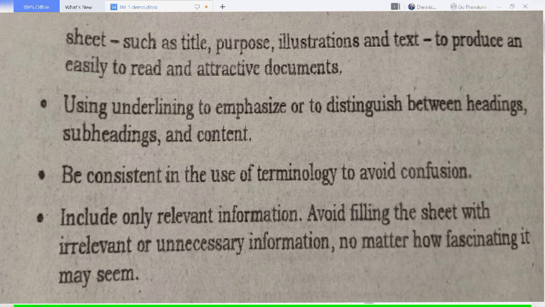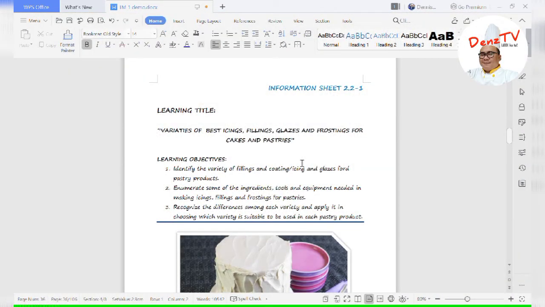And of course, be consistent in the use of terminology to avoid confusion. And of course, include only relevant information. Avoid filling the sheet with irrelevant or unnecessary information, no matter how fascinating it may seem. Okay, so those are the guidelines in making information sheets.